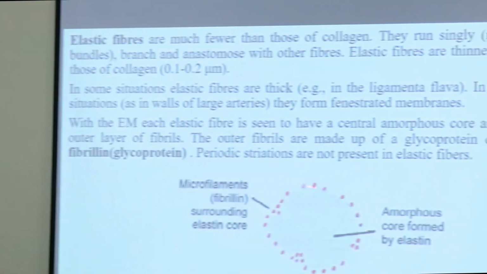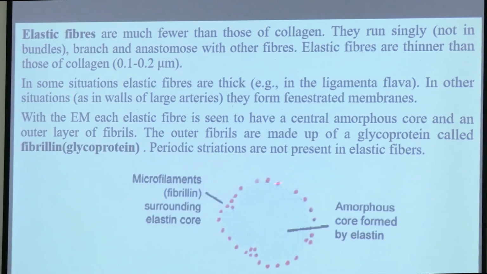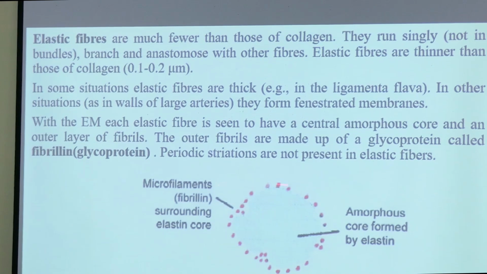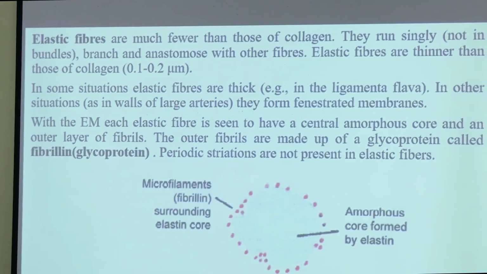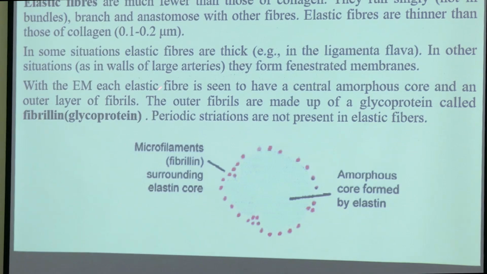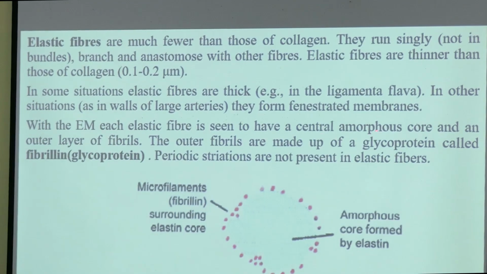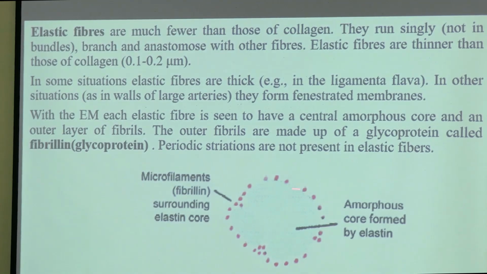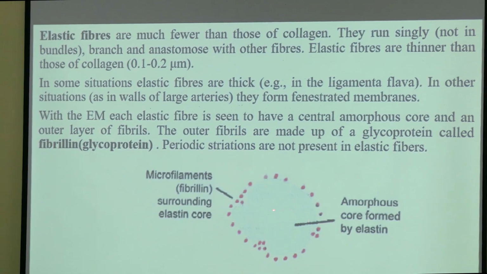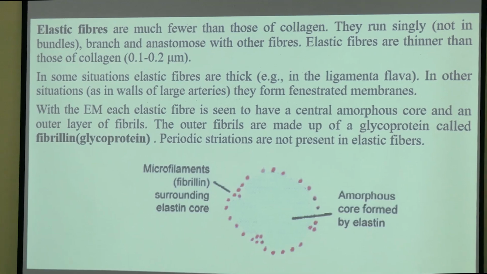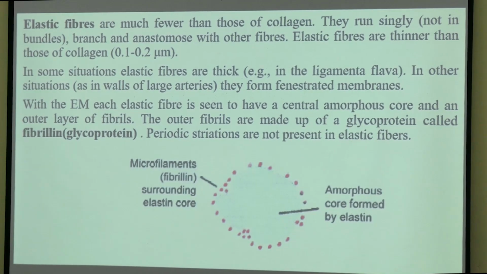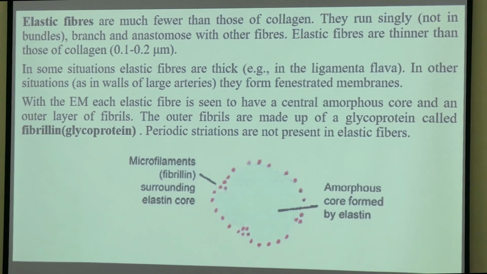Next, this is not a direct electron microscope image, but a schematic diagram of an electron microscope image of the elastic fibers, where you can see it is made up of a central amorphous core and a layer of fibrils. This central amorphous core is made up of a protein called elastin.